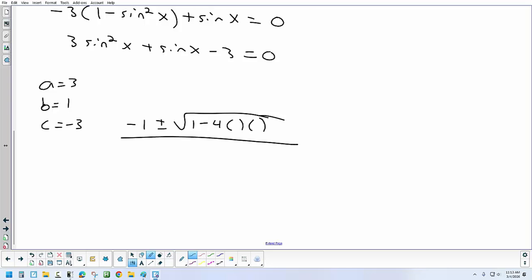All right, so we've got negative b plus or minus square root of b squared minus 4ac all over 2a. Okay, so negative 1 plus or minus, what's going to be 1 minus 4 times 3 times negative 3?